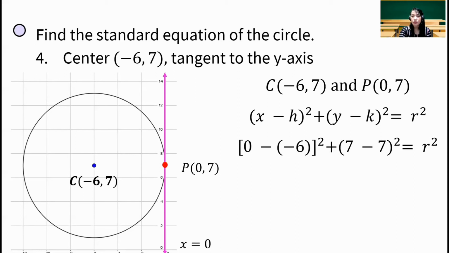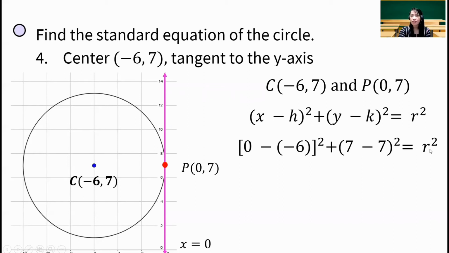So just substitute. The center is at -6, 7, so h, k is -6, 7, and x, y is 0, 7. So x, which is 0, minus h, which is -6, raised to 2, plus the quantity y, which is 7 from point P, minus k from the center, 7, squared equals r squared.